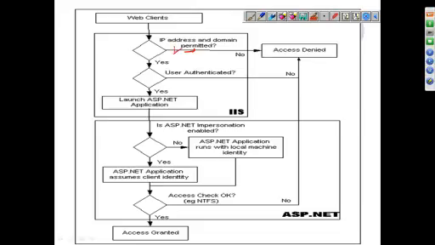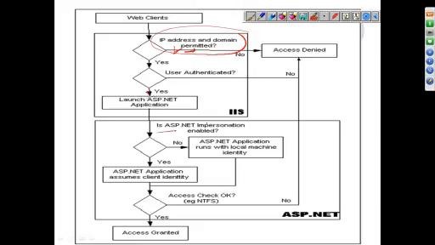This is just whether the IP address and domain are allowed for that user, because we can ban some users for specific IPs also. If the user is allowed to access, then IIS is checking if the user is authenticated, and it launches the ASP.NET application.